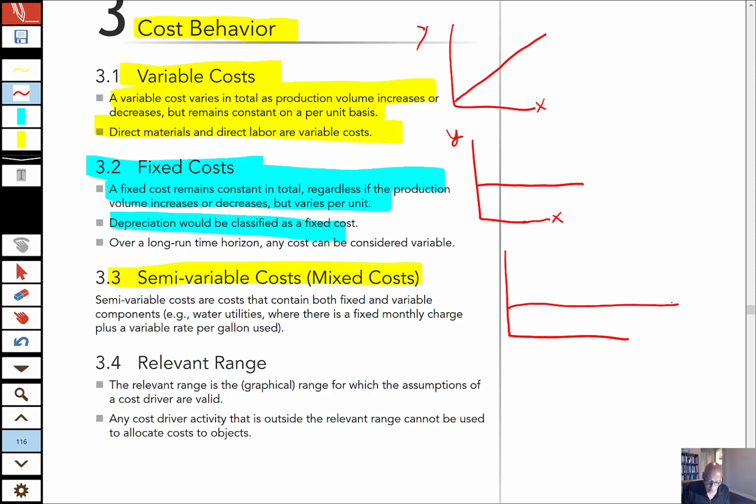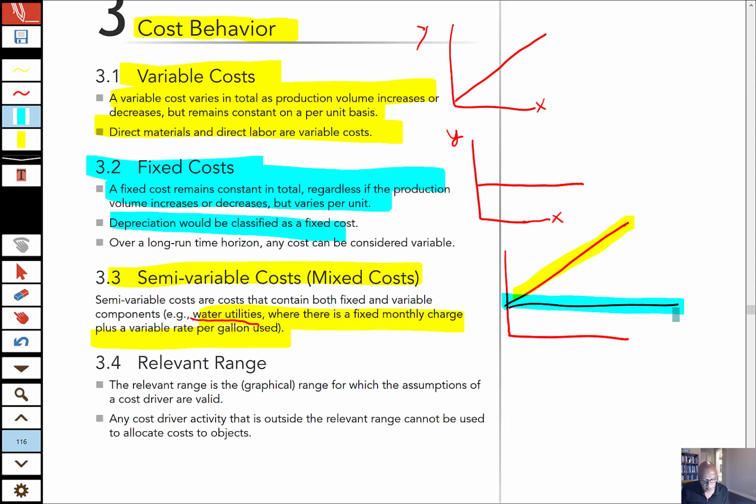There's a fixed portion, but there's also a variable portion. For example, water and utilities. There's a fixed monthly charge, and then as you use more electricity, more water, you're going to have this variable component come up. But even if you sat in the dark all year, you'd still have this piece, which is the fixed piece.